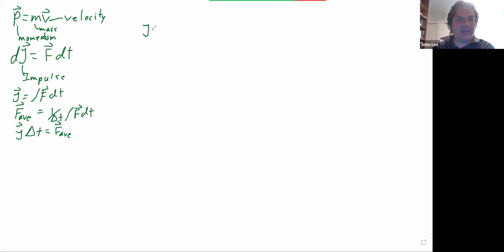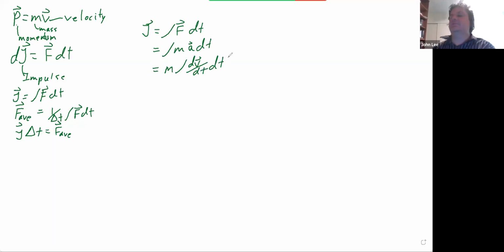So we have J is equal to F delta t, or F dt, is equal to m a dt, is equal to m dv. Let's just bring the m out in front of the integral.